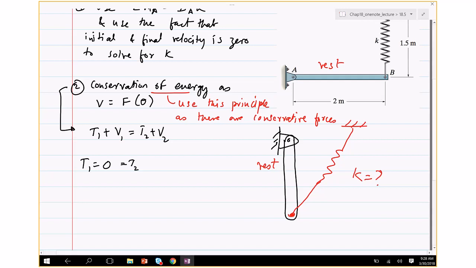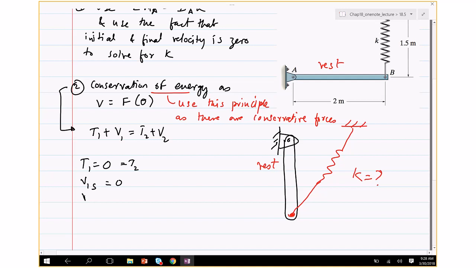It's just 0, so we only have to find the initial and final potential energy. We're told that initially the spring is unstretched, so V1 due to the spring is 0, because it's half k times the length minus the unstretched length, and the length equals the unstretched length.